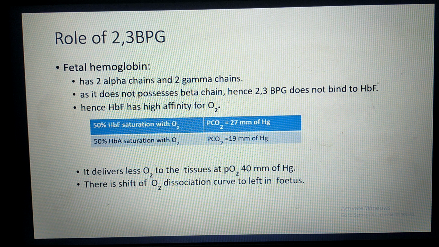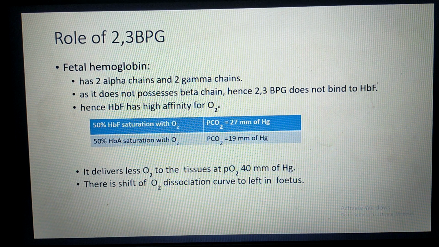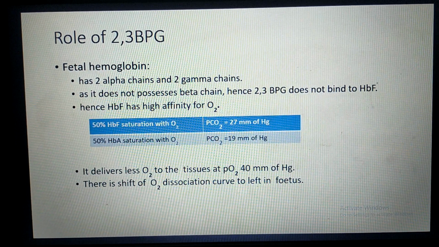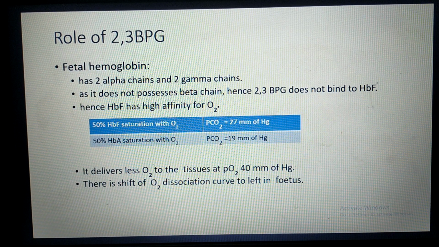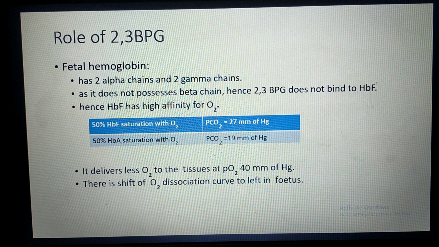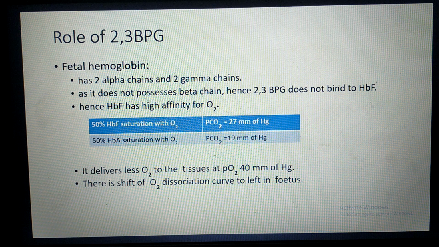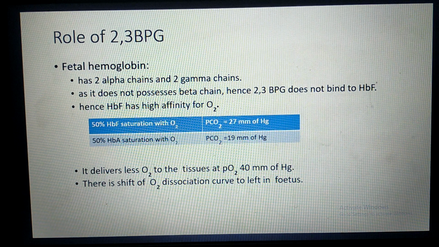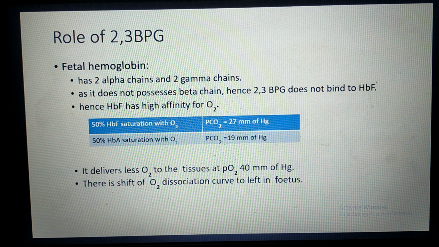So due to absence of the beta chain in hemoglobin F, 2,3-BPG does not bind with hemoglobin F. Hence hemoglobin F has high affinity for oxygen. We have seen 2,3-BPG decreases the affinity between hemoglobin and oxygen. As there is no binding of 2,3-BPG in hemoglobin F, the affinity between hemoglobin F and oxygen is high.